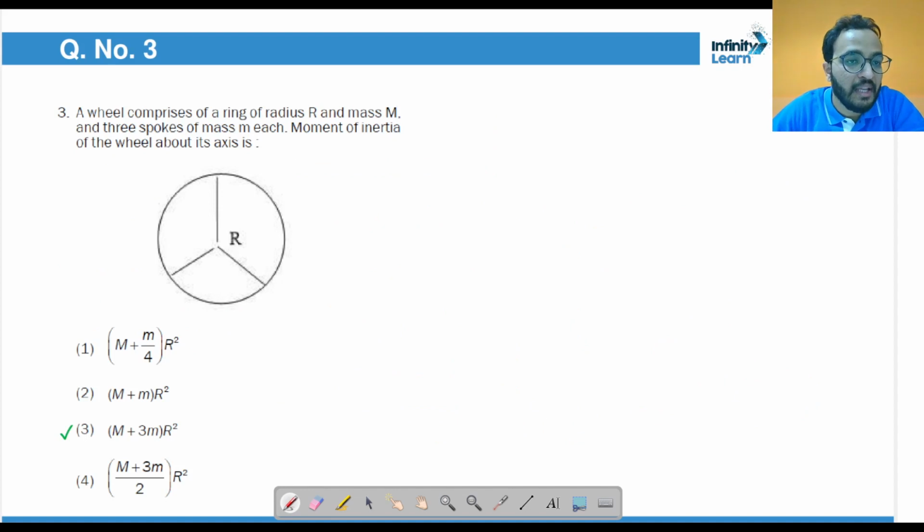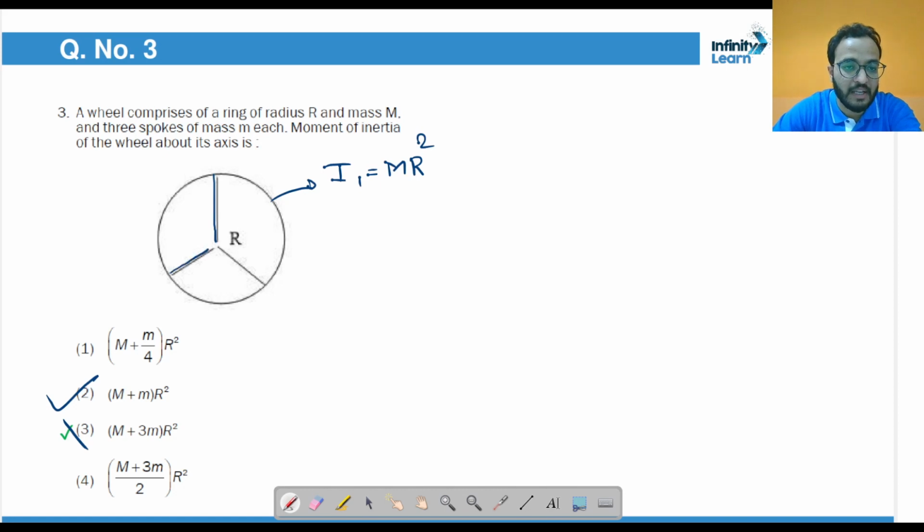Let's move ahead. A wheel comprises of a ring. So the ring has mass capital M. So moment of inertia of the ring is MR square. And these are rods of length R only, and they are rotating about their ends perpendicular to the length.